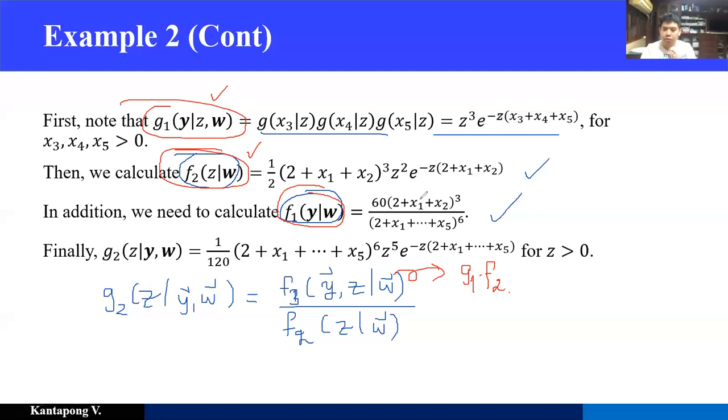Oh, it must be Y, right? It must be Y. So this one must be Y, yeah, because we have this one and we got to get rid of Y. So this one must be F1 also.